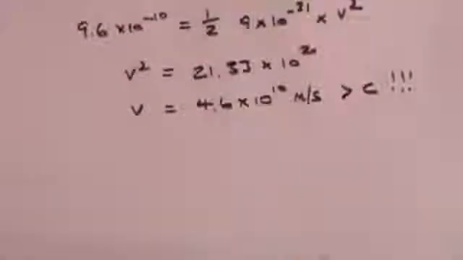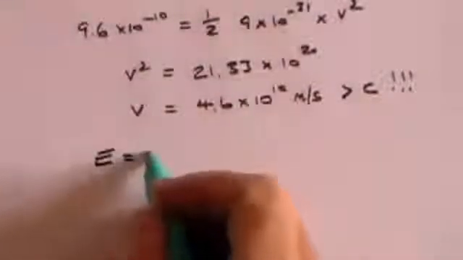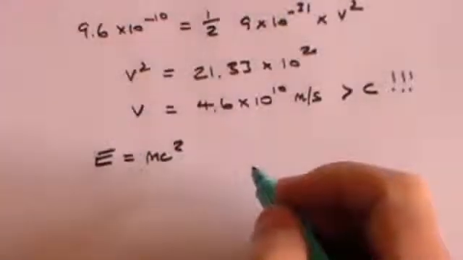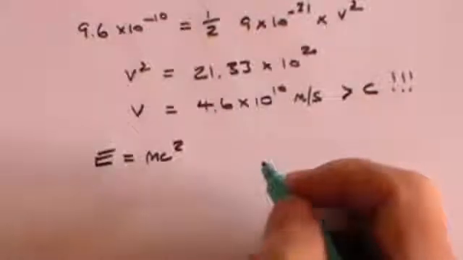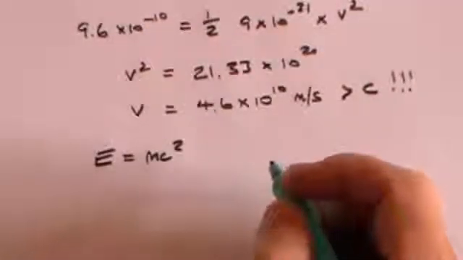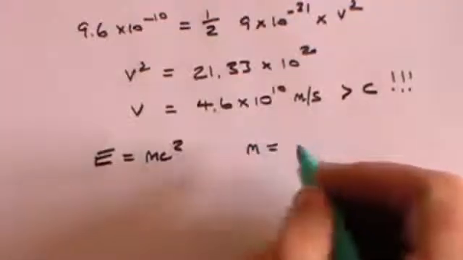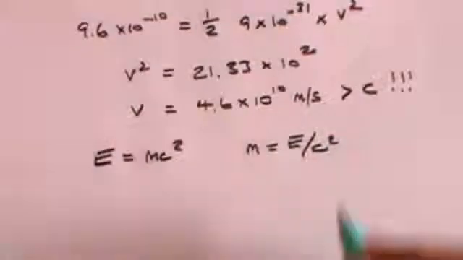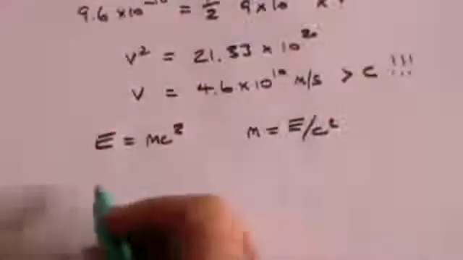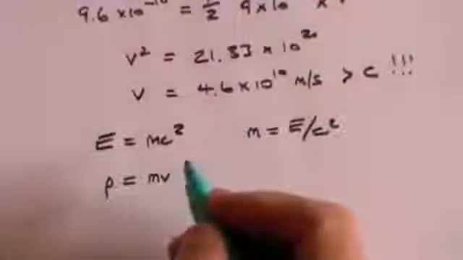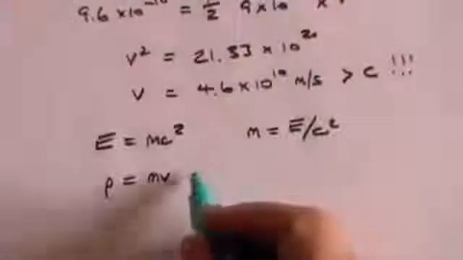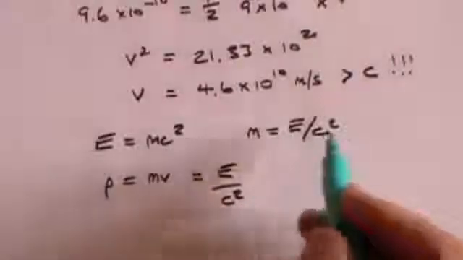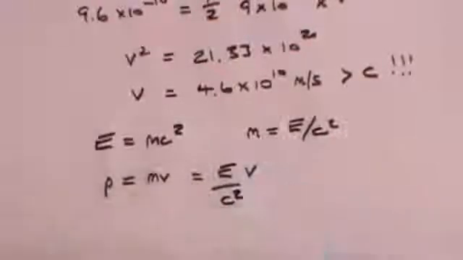Another way to look at this is to use Einstein's own formula, E equals mc squared. And this is a hand-waving argument. It's not really the proper way of looking at it, but it gives us the right answer. It says that you can regard a mass term as equal to E over c squared. Now the momentum of a particle is mass times velocity, so that's going to equal the mass term, which is E over c squared, we just derived that here, times the velocity v.